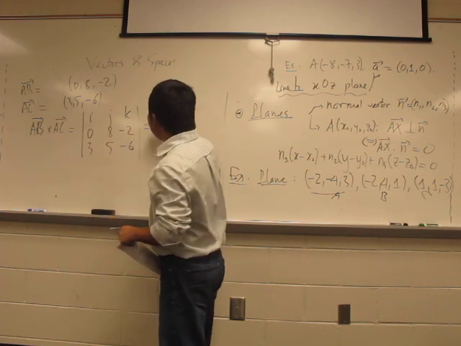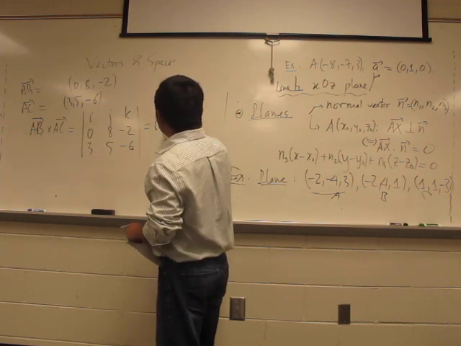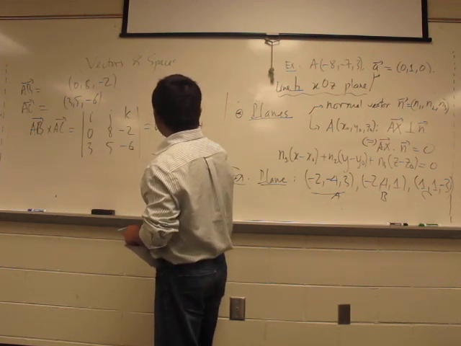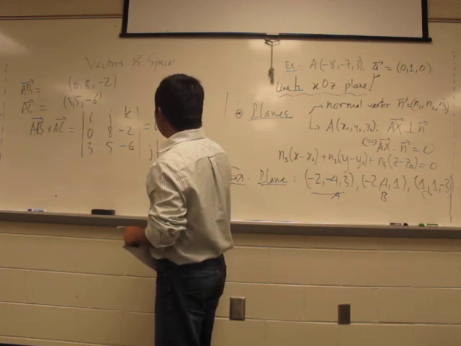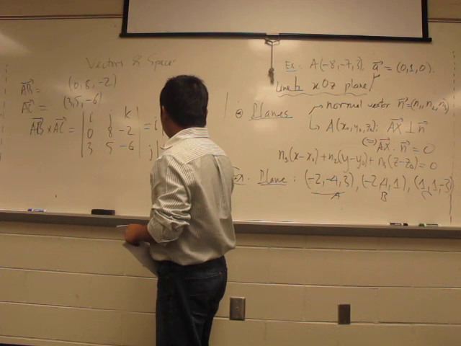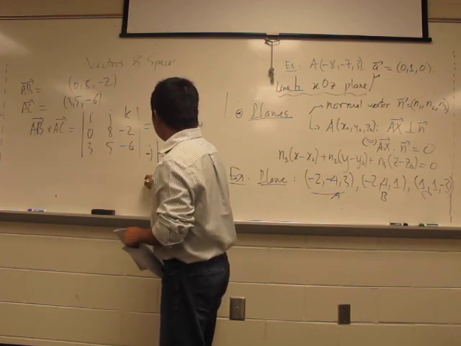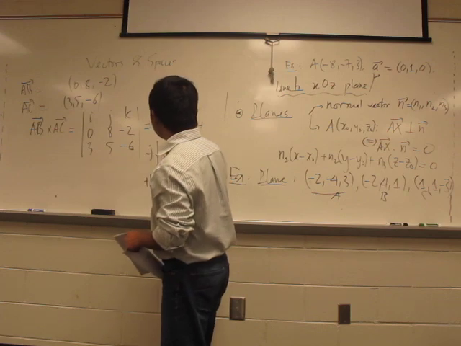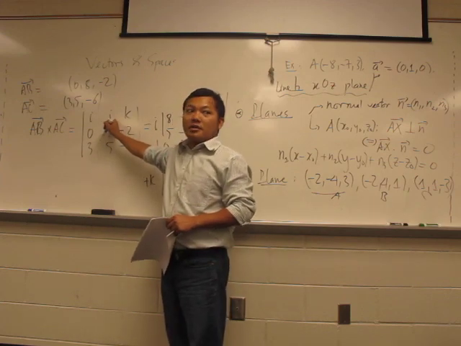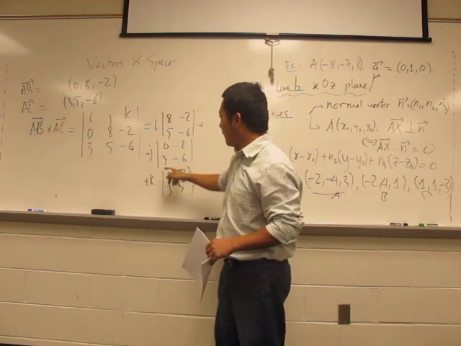So for i, what is it? It is (a)(-6) minus (-2)(5), plus j, which is 0 times -6 minus (-2)(3), and then k, 0 times 5 minus a times 3, right? But here is negative, here is plus. Here is negative because the position of j is 1, 2, which is odd.